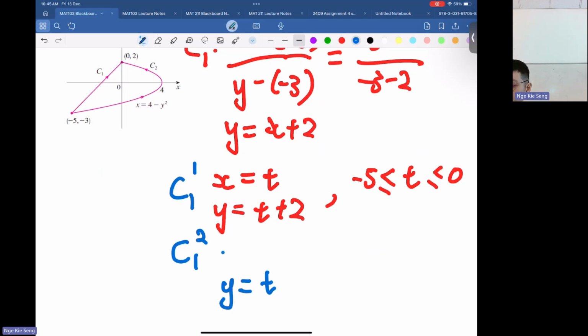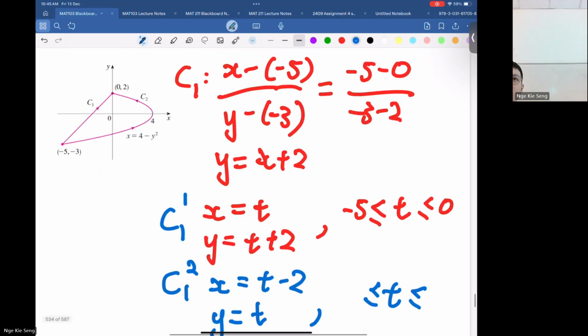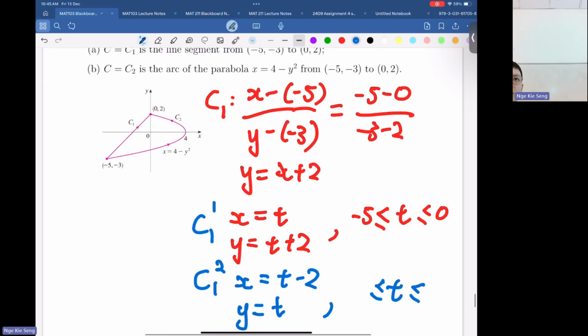If we set y equals t, x equals what? t minus 2. Then will it change the range of my t or not? Minus 3 to 2.